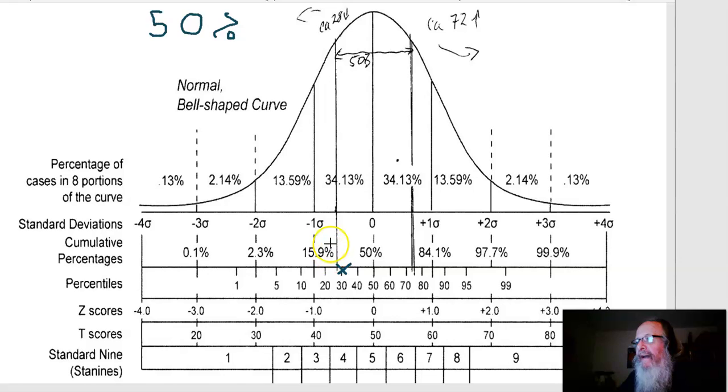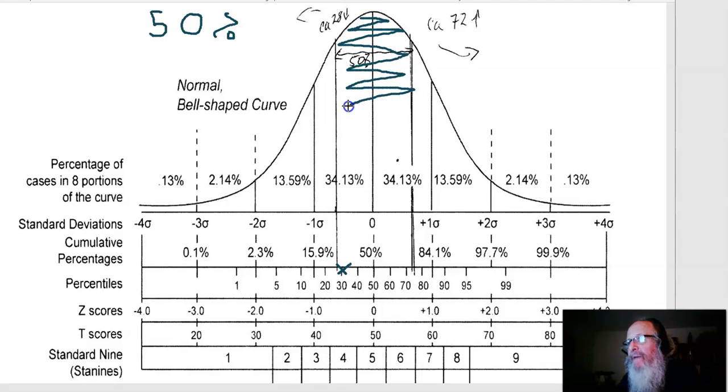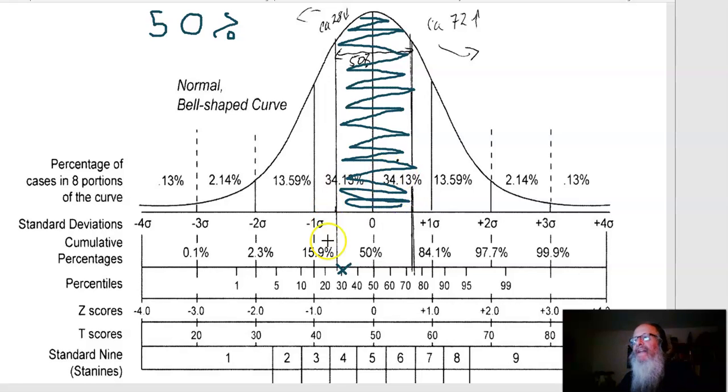So here's the line. Here's one whole standard deviation below the mean, and here's one whole standard deviation above the mean. This score 28 is the lowest score, and this score 72 is the highest score, and in between those two scores are the scores for 50%, half of the people who have taken this test at one time or another. Those are the sort of range of average.